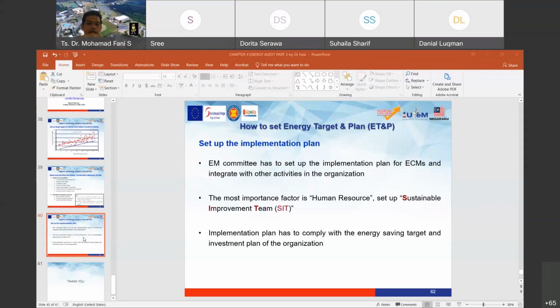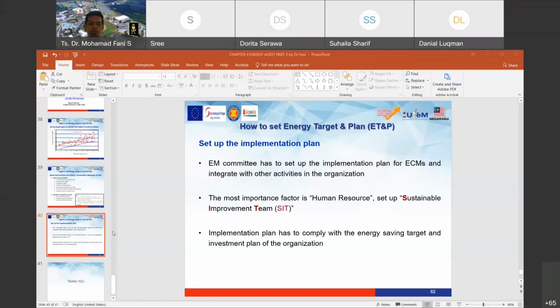And if there is no skill available, you need to develop your team with the special skill through technical training, for example, sending them to get a professional certificate, so that they can come back and practice what they have learned during the energy conservation measures implementation process.